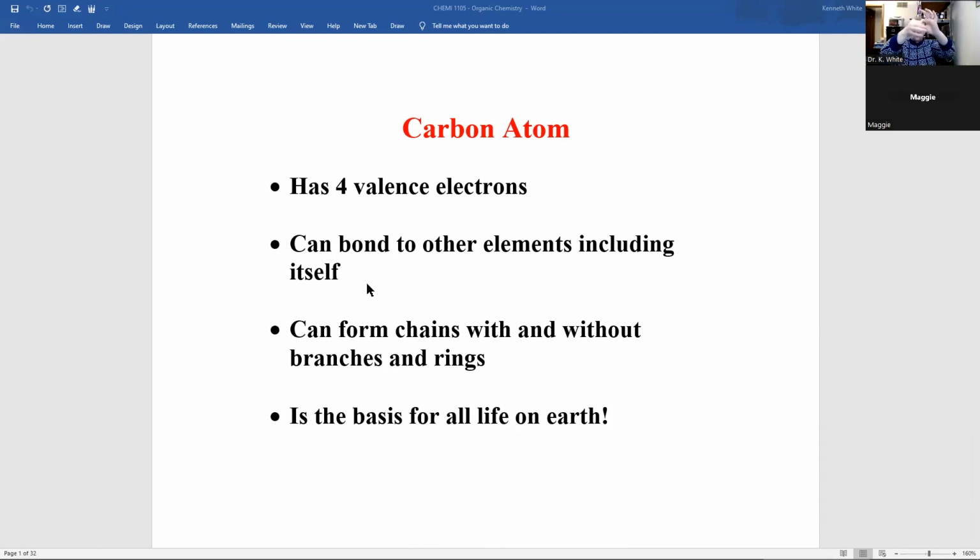They call it a chain because it's linked together. And these can be straight chains with branches, like you see branches of a tree, or in what we call rings. And it's the basis for all life on Earth. We're carbon-based life.